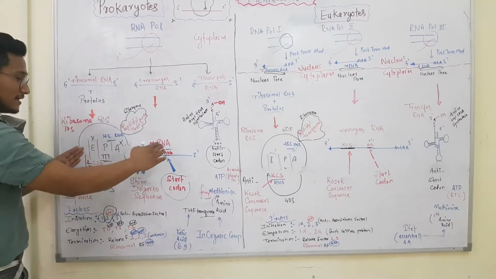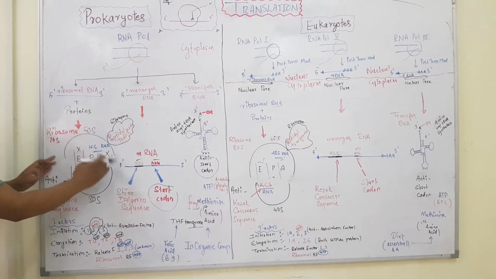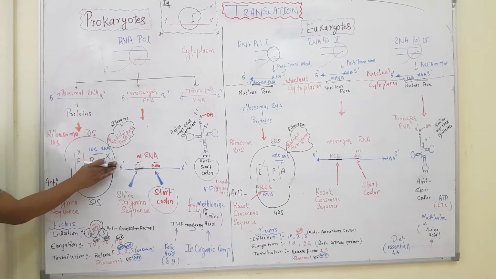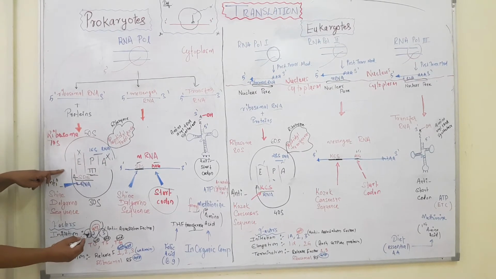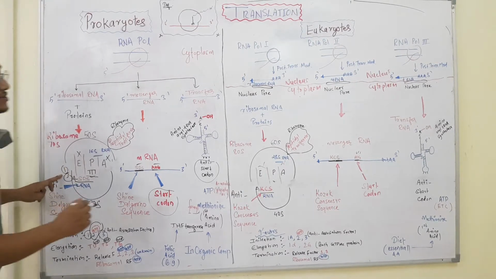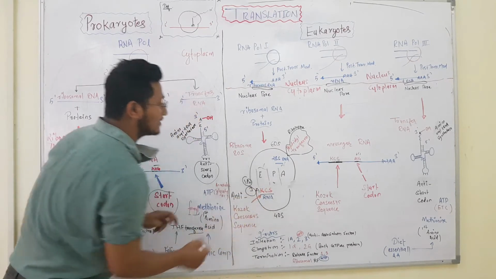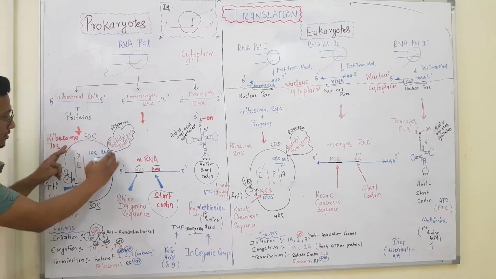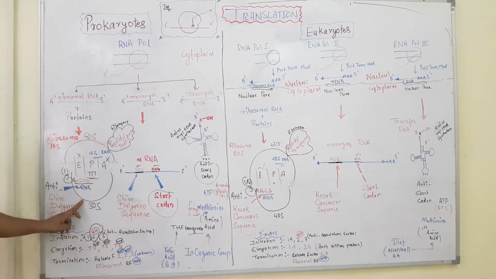And once this is formed, your large subunit initially won't cap your small subunit. That's why I have removed this part. Why? Because, like I said, initiation factors 1 and 3 in prokaryotes, as well as 1A and 3 in eukaryotes, are inhibiting the large subunit from coming and capping your small subunit.